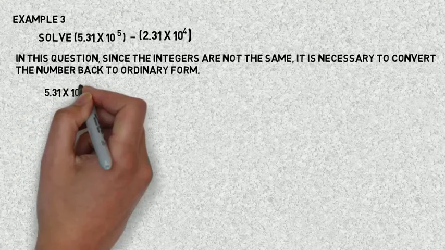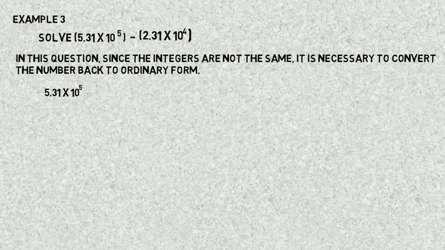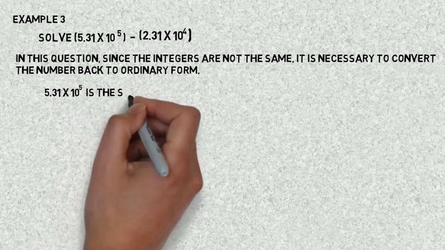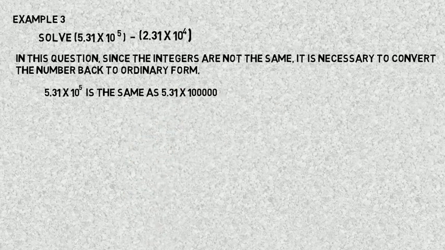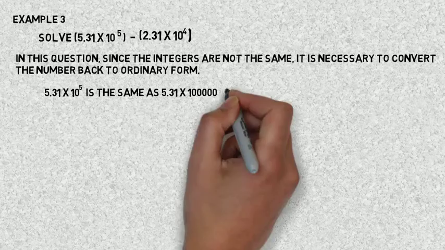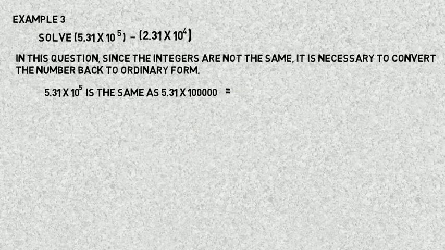So converting this to ordinary form, let's see our first number, 5.31 times 10 raised to power 5. Like you see here, 10 is to the power of 5. You can also say this is the same as 5.31 times 100,000, which means 5 zeros.